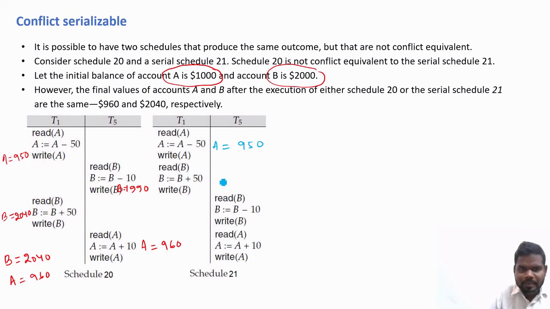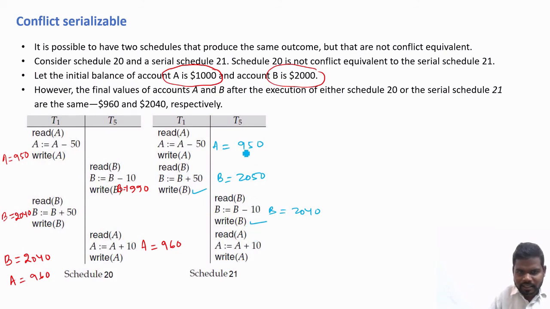So B is equal to B plus 50, so B is equal to 2000 plus 50, which is 2050. In this write B, it will be written in the database. Read B, so this B will be 2050, that is the updated value of B. So 2050 minus 10, B is equal to 2040. Now it will be written in the database.